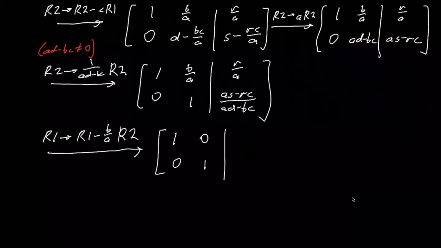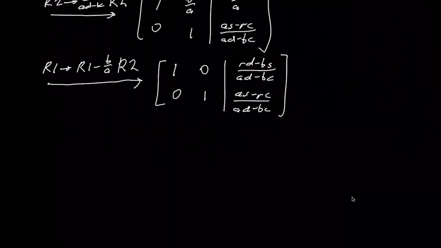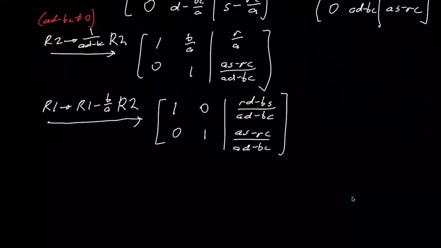I claim it simplifies to RD minus BS over AD minus BC. Actually looks kind of nice. Well, I don't know if you think this is nice, but I think it's kind of nice. So you should pause and check and try to get that yourself.